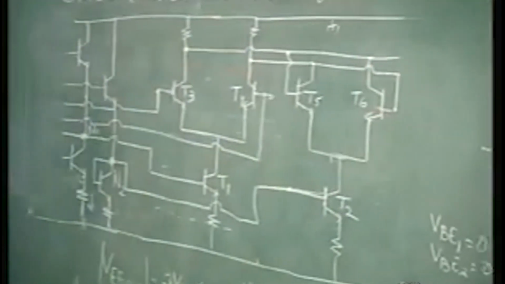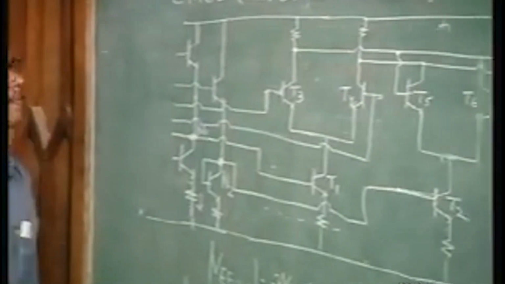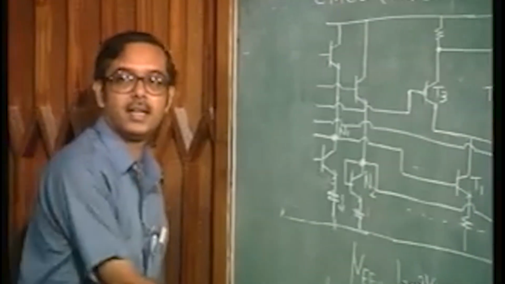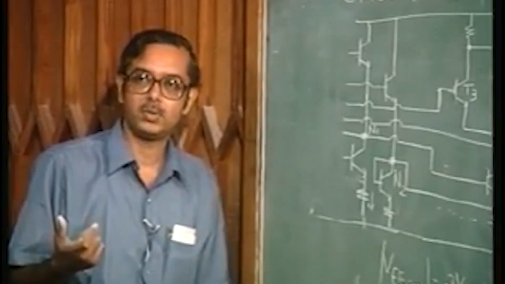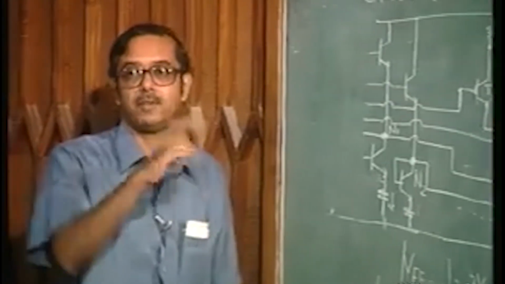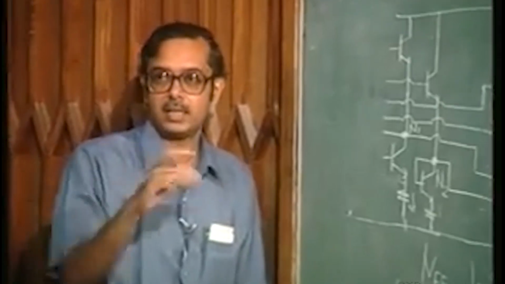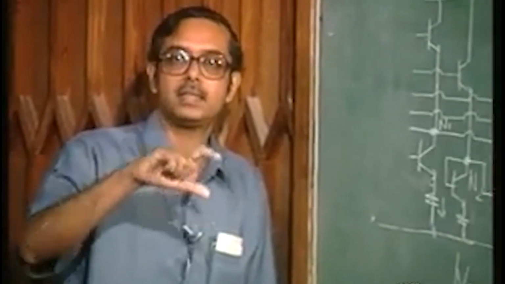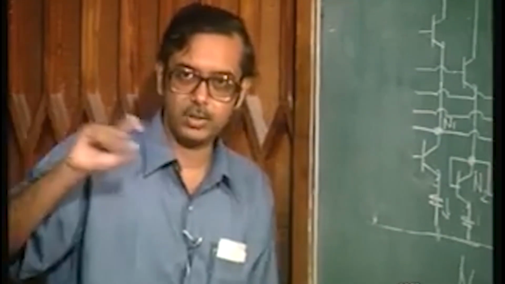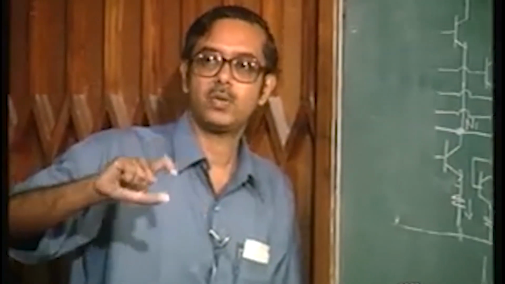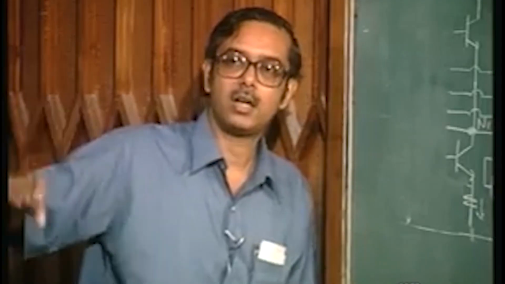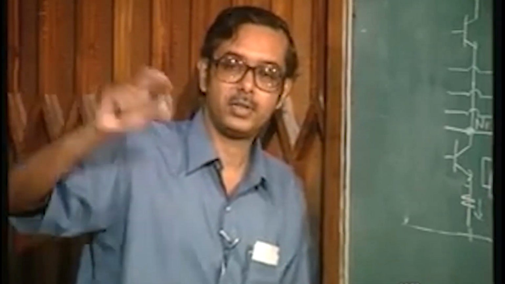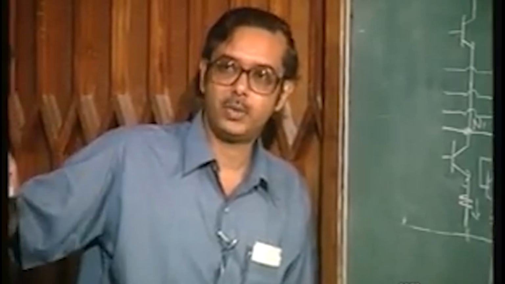If I want an exclusive OR circuit, just like the D flip flop we have discussed, what does a D flip flop do? Just the difference between D flip flop and exclusive OR. For the D flip flop, the Boolean function is Qn is equal to clock into Qn minus 1 plus clock into D plus clock bar into Qn minus 1.